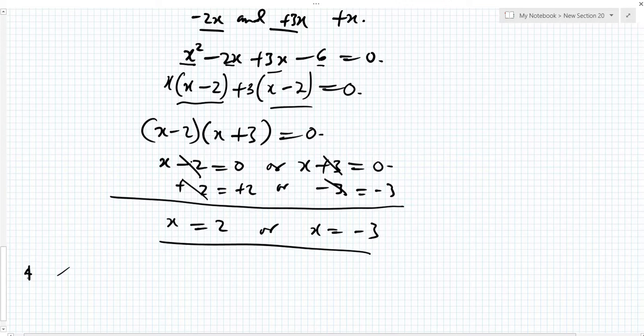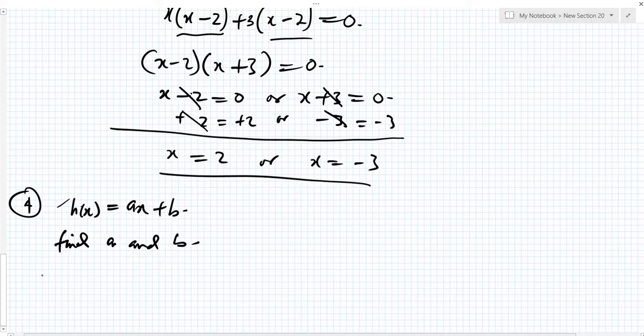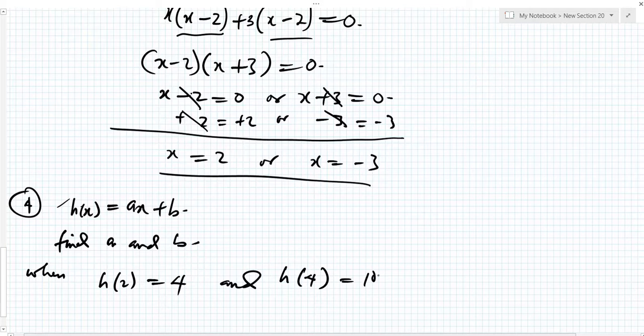So I'll call that number 4. h of x is equal to ax plus b. And they say find a and b when h of 2 is equal to 4 and h of 4 is equal to 10.